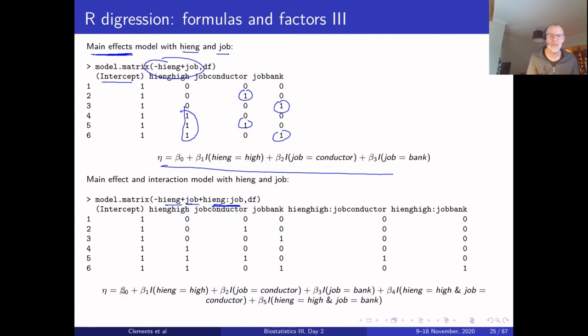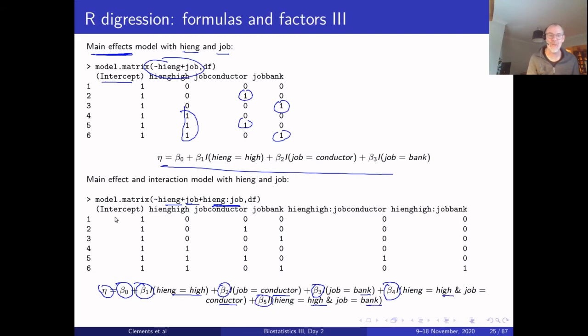linear predictor here, where eta is equal to an intercept term plus a main effect for high energy equals high, plus a main effect for conductors, plus a main effect for bank workers, compared with low energy and drivers. And then we have an interaction term for those that are both high energy and conductors, and an interaction term for those who are both high energy and bank workers.